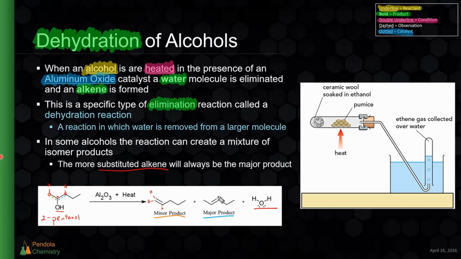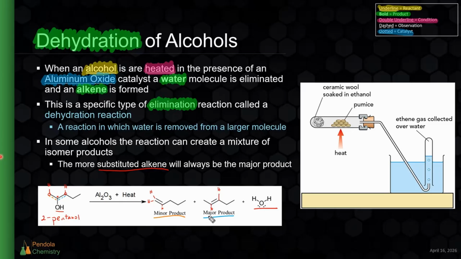If we look at this alkene, it only has 2 hydrogens on the double bond. So because of that, this is going to be our major product, because the more substituted alkene, meaning the one with the least number of hydrogens, is going to be more stable in its making than the one with more hydrogens on it.